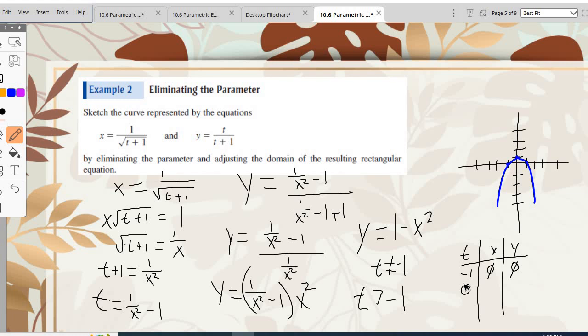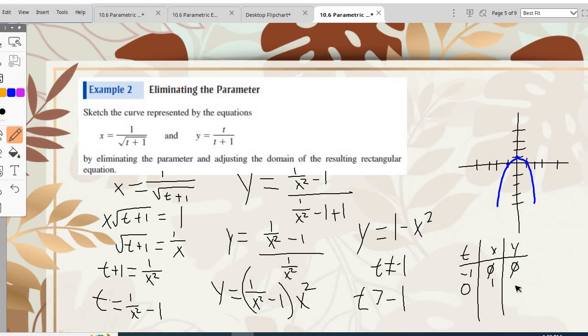So if I plug in 0, I get 1 divided by the square root of 1, which is just 1, and 1 divided by 1 is also 1. Yes? Okay, and then what do I get if I plug in 0 into the second one?